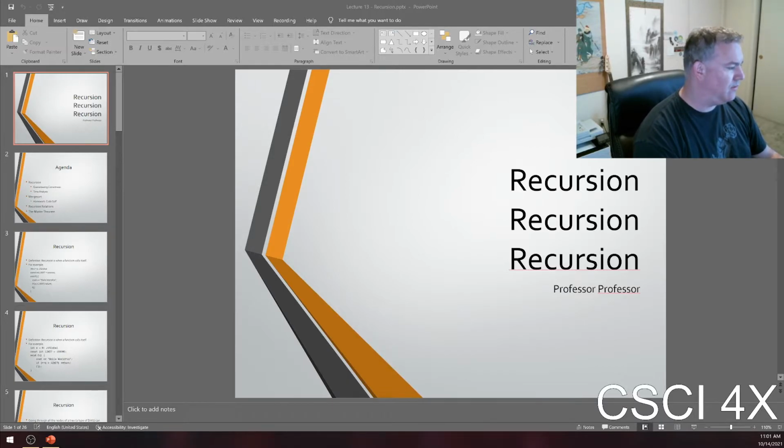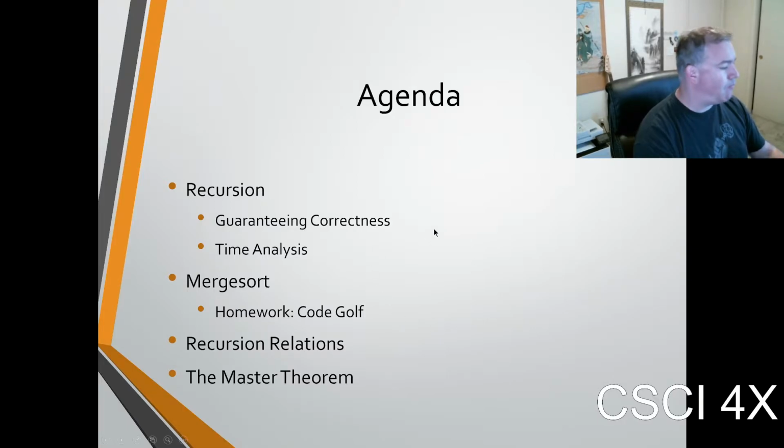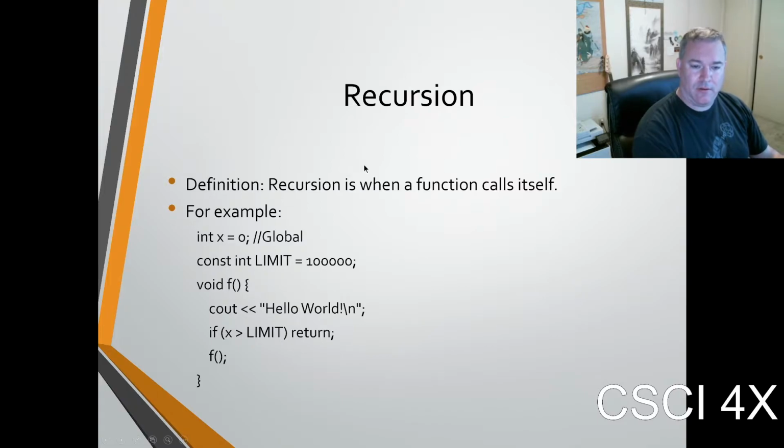CSI 40, we write a function like the Fibonacci sequence and things like that. Has anyone here not written a recursive function before? No, everyone knows. Okay. So, a recursive function is when a function calls itself.